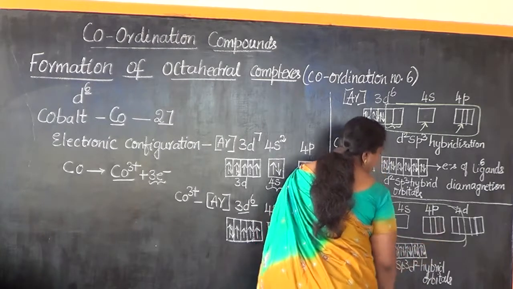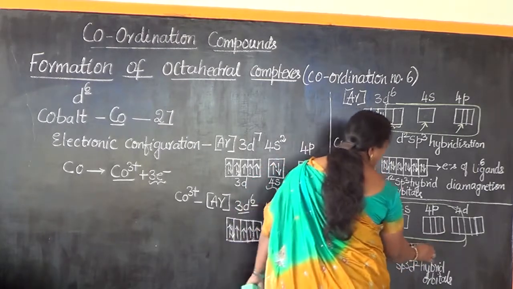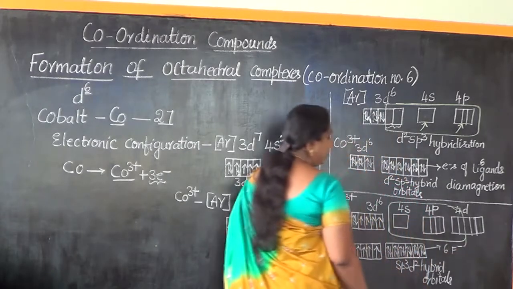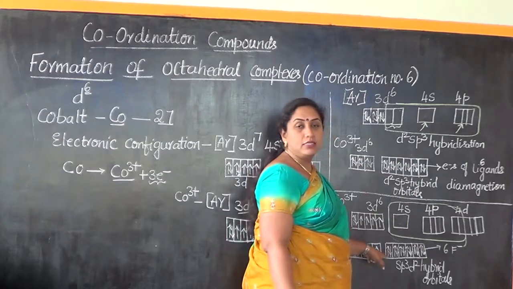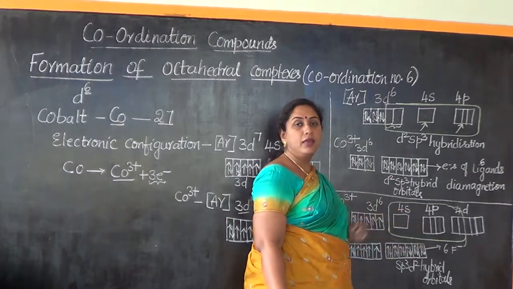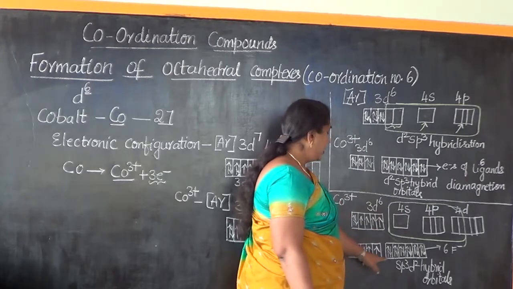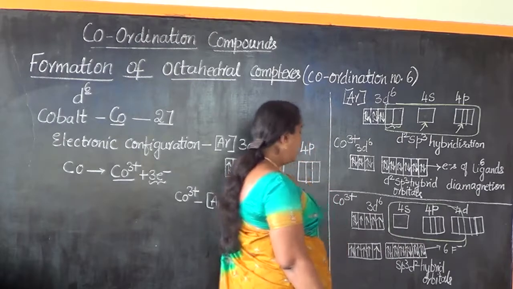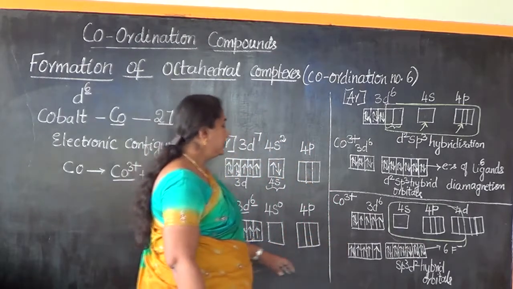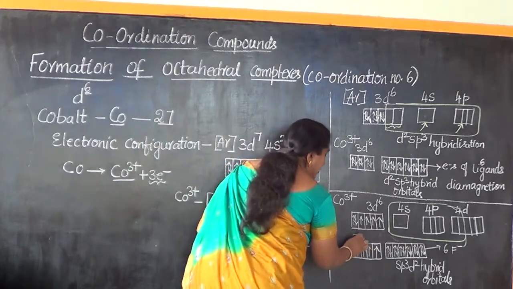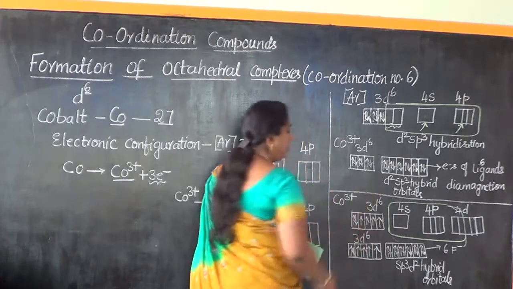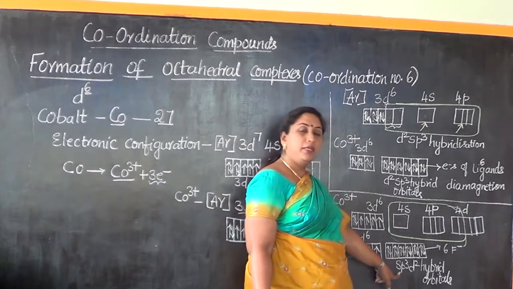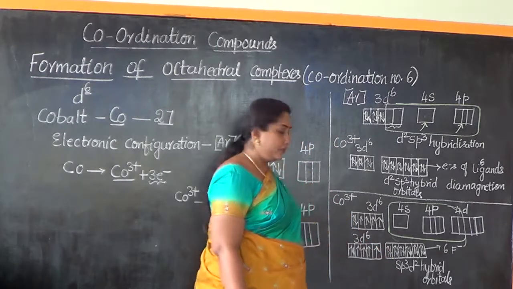How many F minus would have donated these electrons? 6 F minus ligands would have donated 6 pairs of electrons, which are present in the hybrid orbitals. You observe that these are the 6 electrons of 3d, and these are the electrons present in the sp3d2 hybrid orbitals.